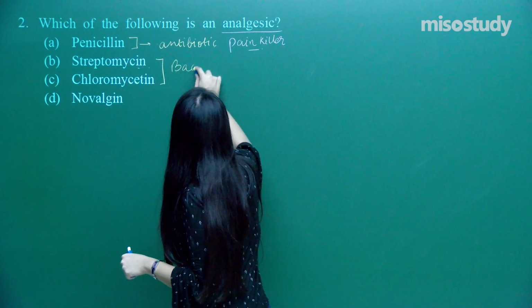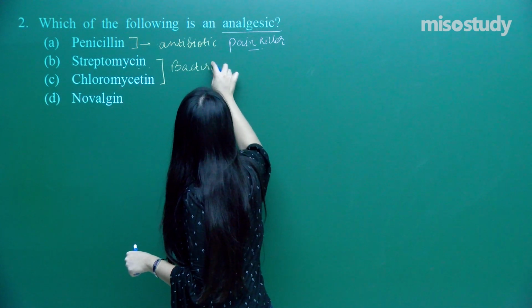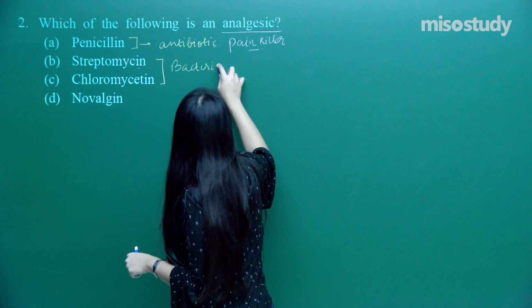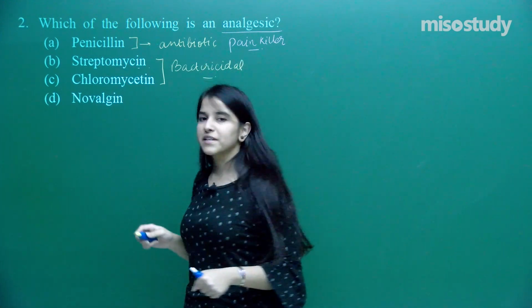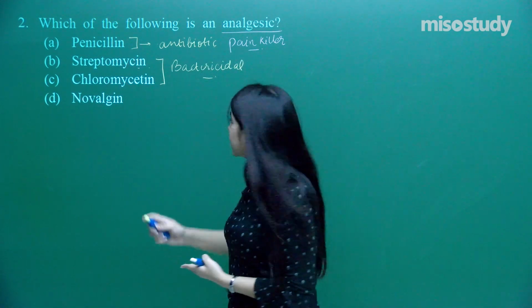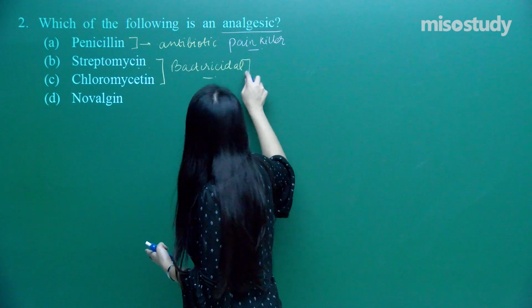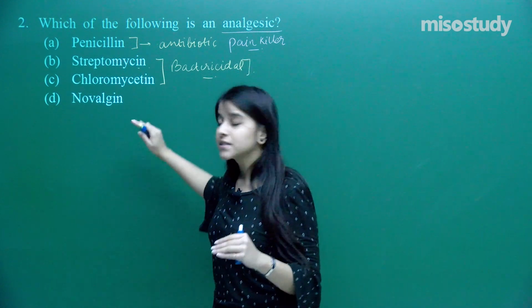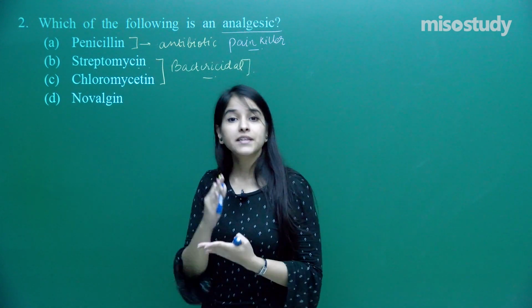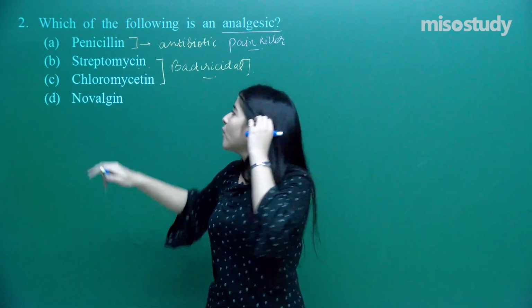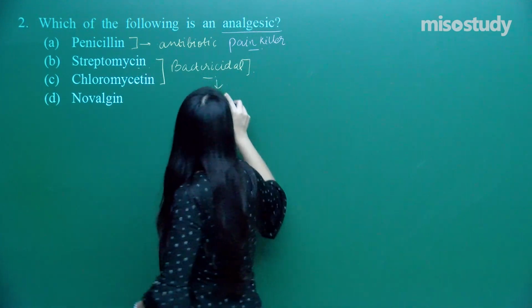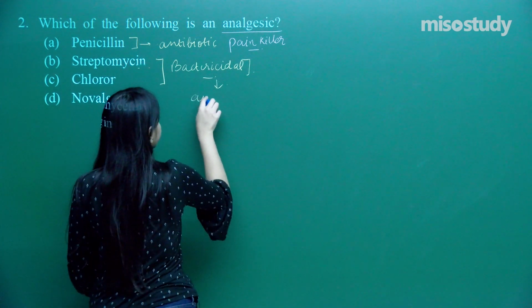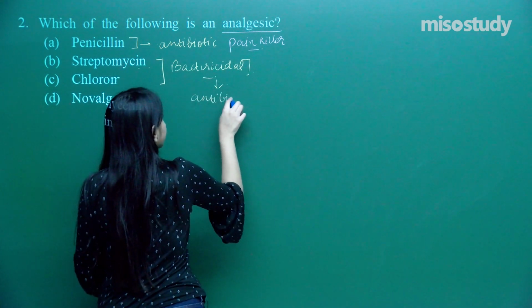Basically they are bactericidal. What are bactericidal? Killing the bacteria, not stopping the growth, but cidal means killing of the bacteria. So I hope you all are getting the point over here. So these two medicines are antibiotics again.